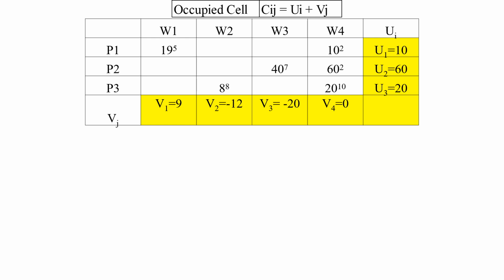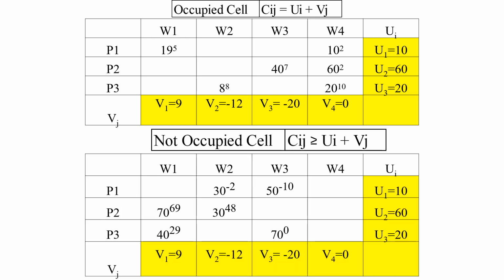The question comes, why do we calculate U1, U2, U3, V1, V2, V3 and V4? It is to do another table operation, in the context of the not occupied cells, where no allocation has been made, also called non-basic cells.